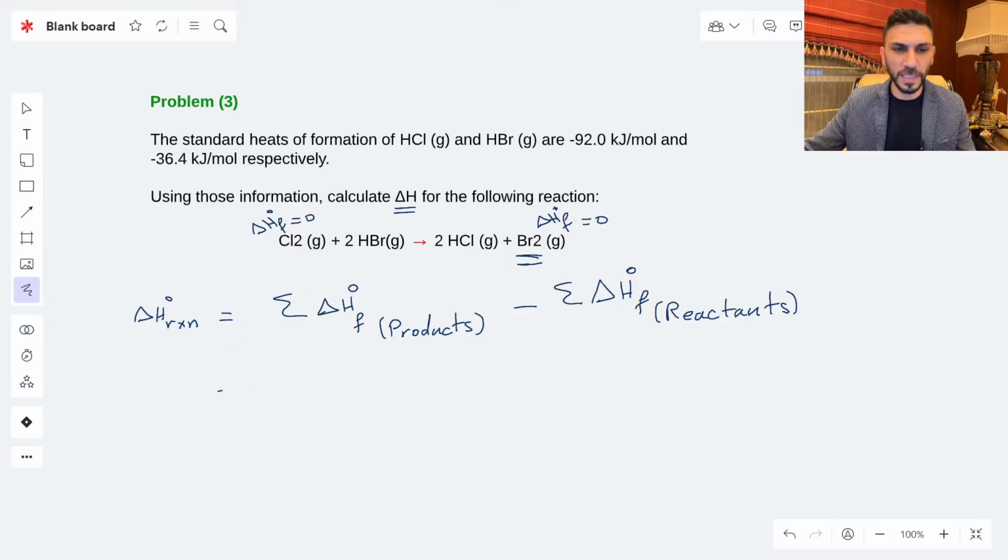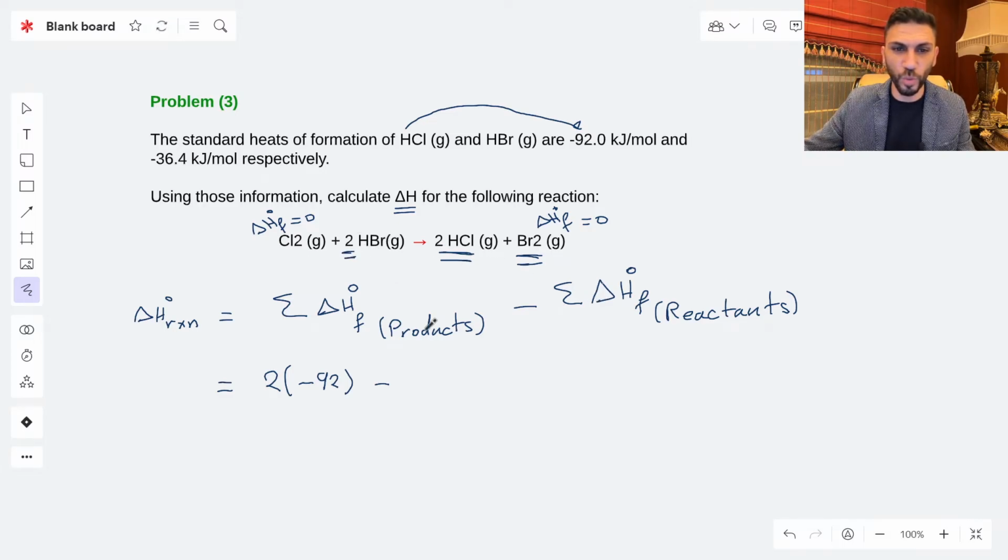Now, delta HRxn for this reaction will equal to the products, which is 2HCl. We have 2 moles, so I need to multiply by 2 for the HCl, which is negative 92, minus the delta HF for the HBr.